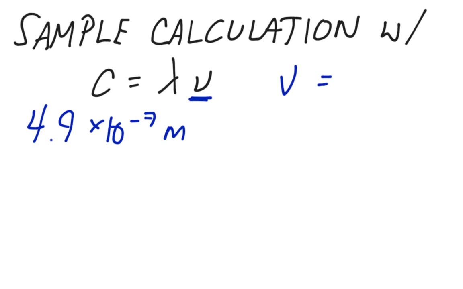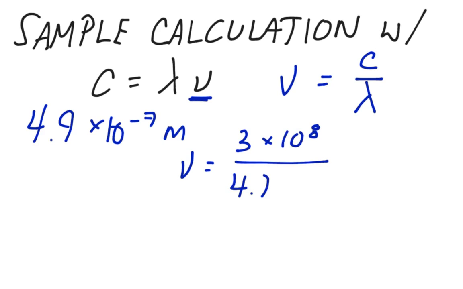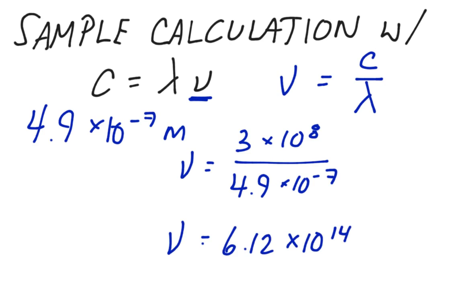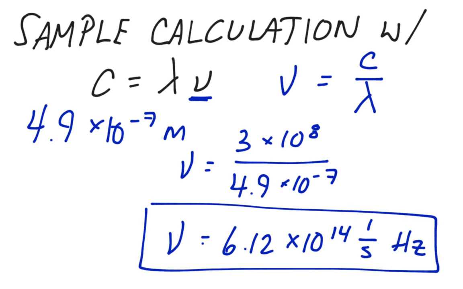Frequency is equal to the speed of light divided by wavelength. Plugging in our numbers, frequency is equal to 3 times 10 to the 8th power over 4.9 times 10 to the negative 7th power. Therefore, the frequency of your wave is 6.12 times 10 to the 14th power. And the unit for that would be 1 over seconds, which we refer to as hertz. We will practice more of these problems in class. It's a very simple calculation where only one number needs to be known.